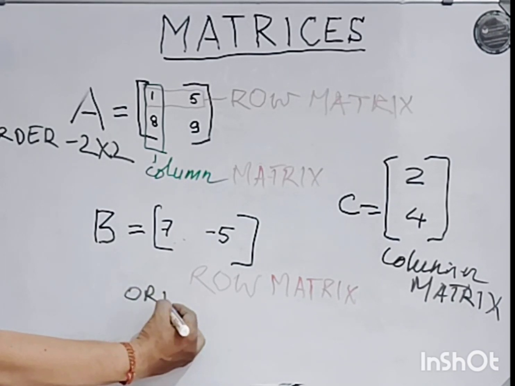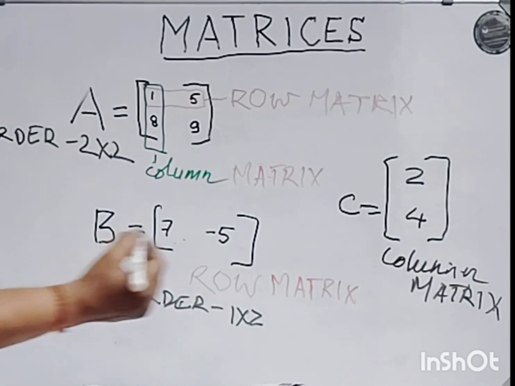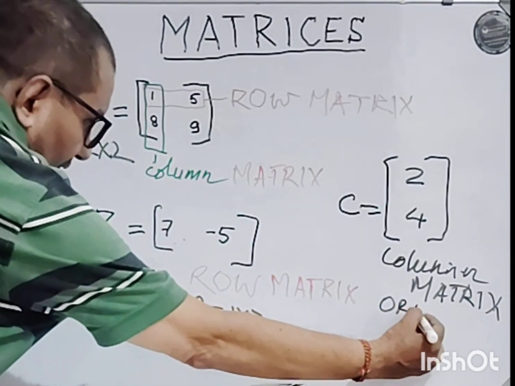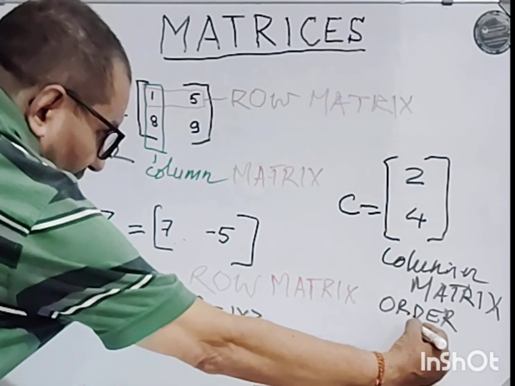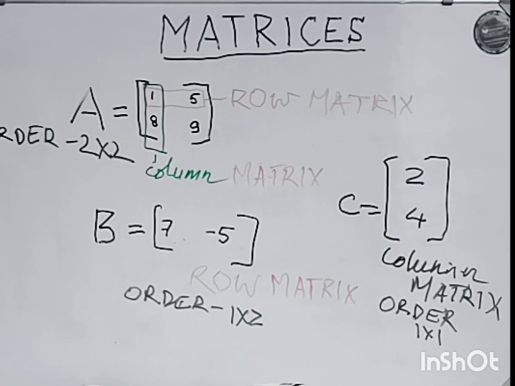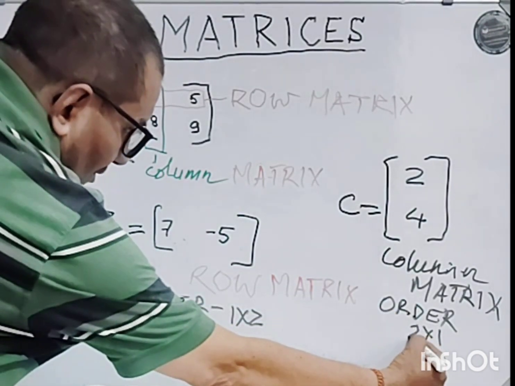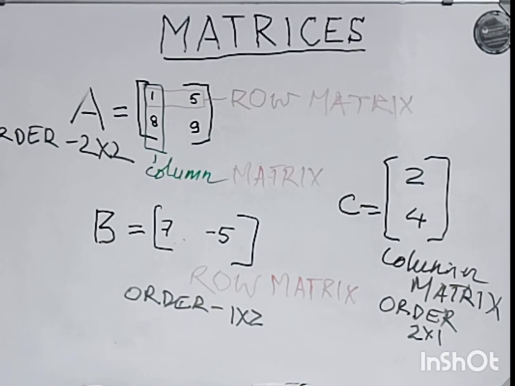If you take order 1 into 2, and here order 1 into 1. And this one is 2 into 1.